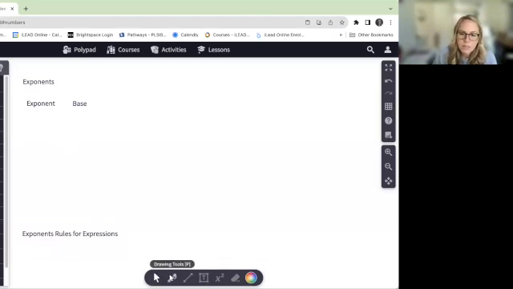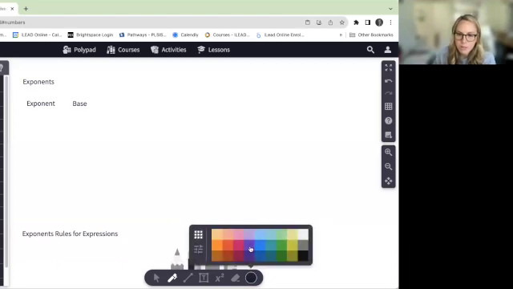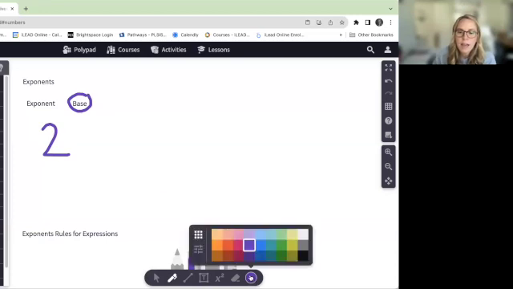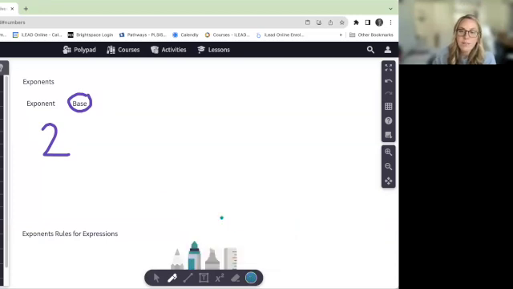So let's take a look at the vocabulary for an exponent. Get a new color, it's a little easier to see. Okay, so when you have an exponent, you have the base, that is the big number, and you have the exponent.